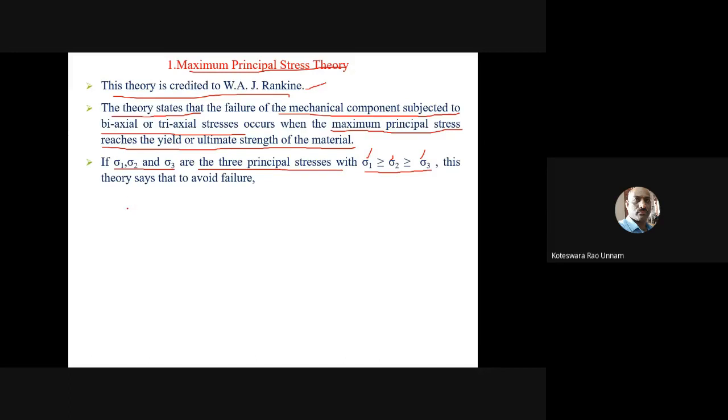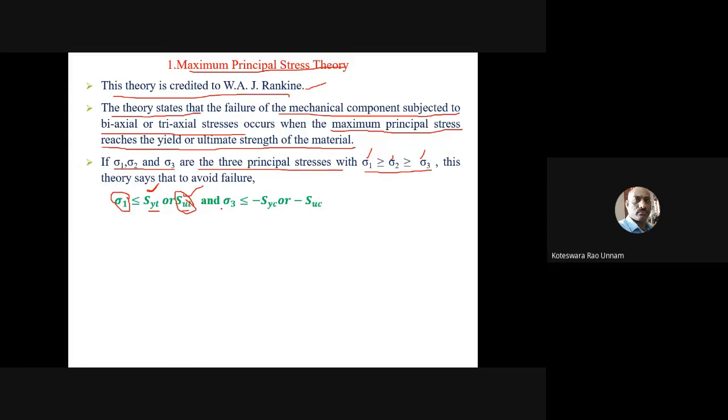This theory says that to avoid failure, your sigma 1 should be less than SYT or SUT. SYT means yield strength in tension, and SUT is the ultimate strength in tension. If the material is ductile, we need to use SYT. If the material is brittle, we need to take SUT as the failure criterion.